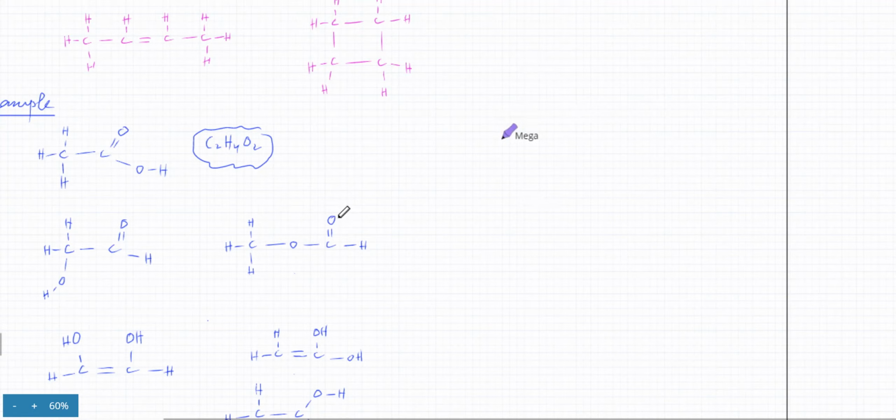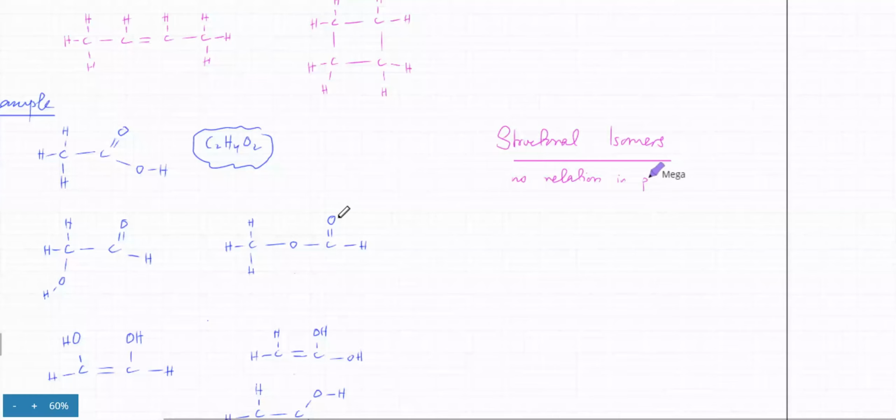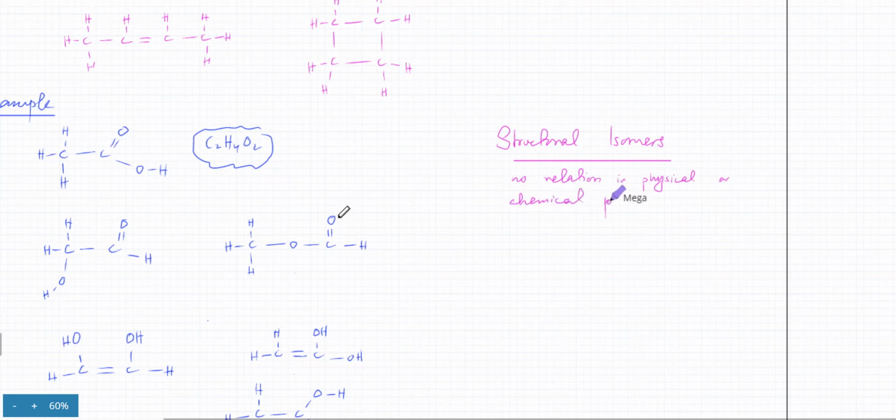So structural isomers absolutely have nothing to do with each other's chemical or physical properties. So no relation in physical or chemical properties between isomers.